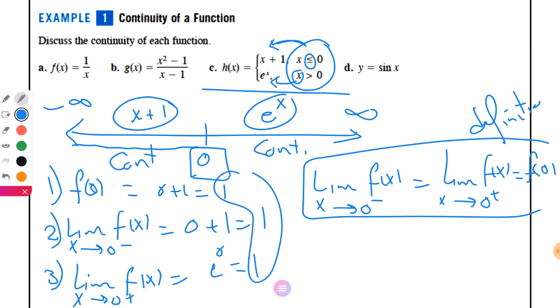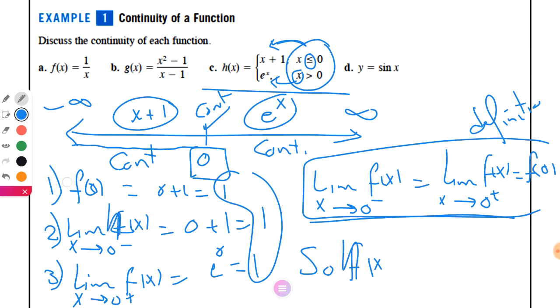Since, as you see, this condition holds, the limit from the left equals the limit from the right equals the value of the function, so f of x is continuous at 0 and on all real numbers. Continuous here, continuous also. I'm sorry, it is h, I wrote f by mistake.